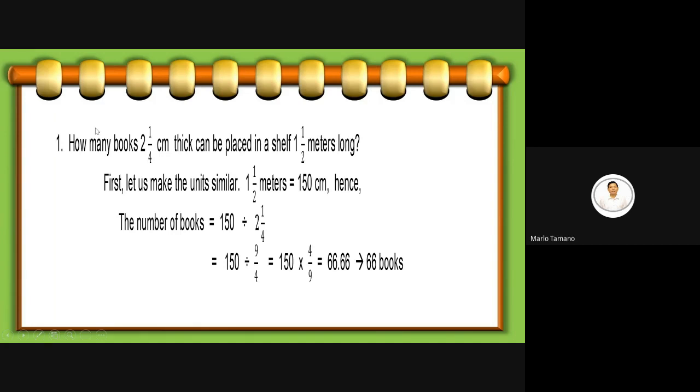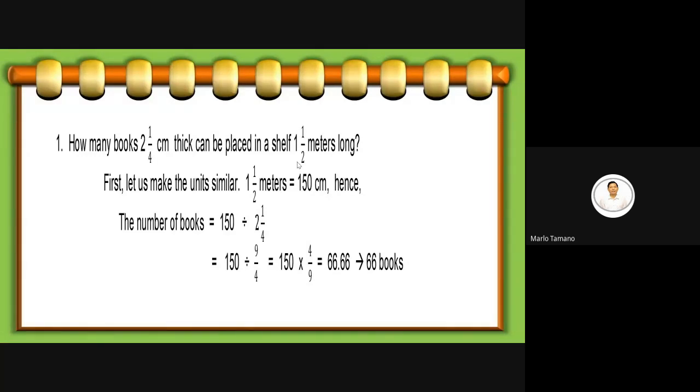So, kung i-convert natin yung 2 1/4 centimeters ng meter po, ay napakaliit po, decimal. Naintindihan? Kaya mas maganda na i-convert na lang natin yung meters ng centimeters. Tandaan ninyo, ang 100 centimeters ay equal sa 1 meter.